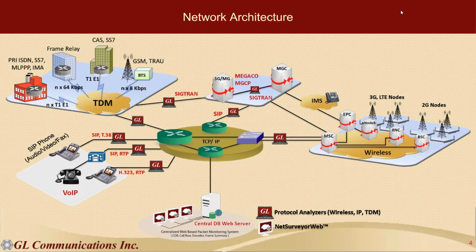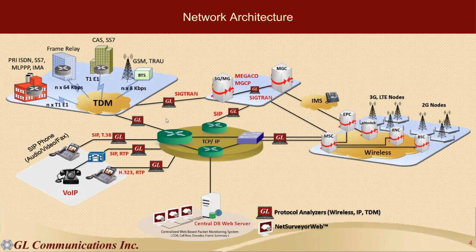So TDM network on the top left, as you can see, traditional. We've got the new wireless protocols that are going on here, as well as IP. GL, if you're not aware, has protocol analysis products in all of these areas.